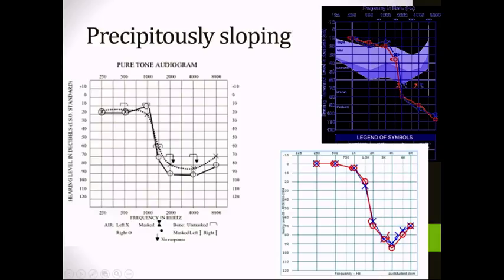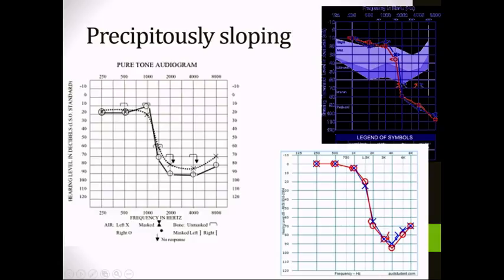And so you see it here, you see it here, and you can see it up here as well. So this would be the definition of a precipitous slope. And sometimes you'll hear these called ski slope hearing losses. That's sort of older terminology. But you see this as well sometimes.